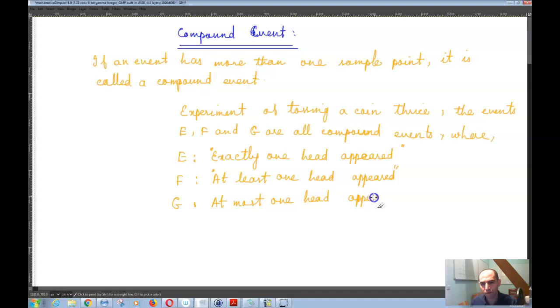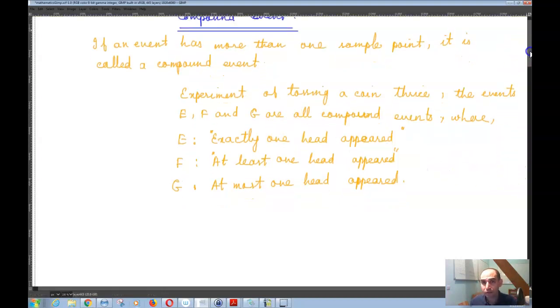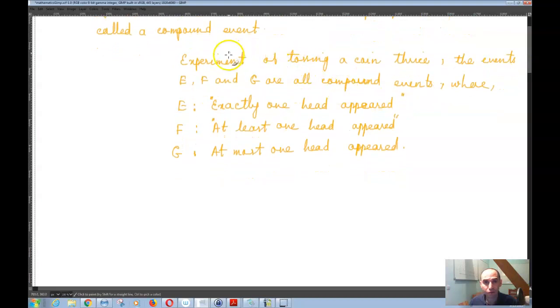Now, of course, that's not a very good example, because we don't have the sample space. But let's do the sample space here. If you toss a coin thrice, you would get heads, tails, and heads, tails here.